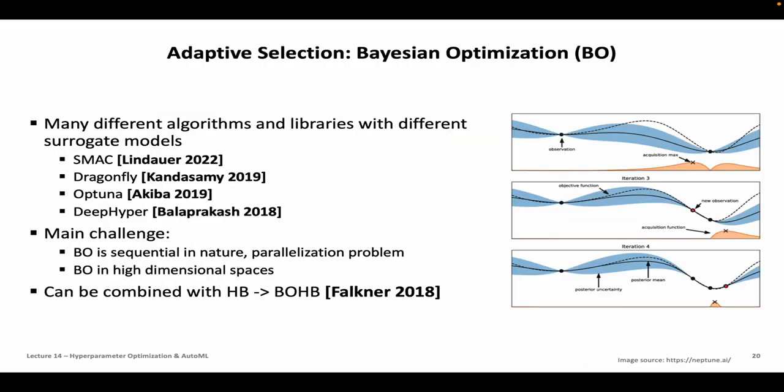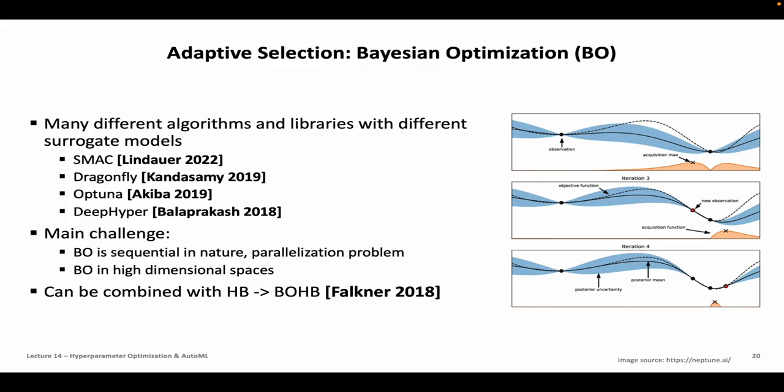Also, a brief overview of the adaptive selection method of hyperparameters. The idea here is to build a surrogate model that is cheap to compute, but can mimic the performance of your original machine learning model. There are many different algorithms and libraries available. For example, many use Bayesian approaches such as SMAC, Dragonfly, Optuna, or DeepHyper.